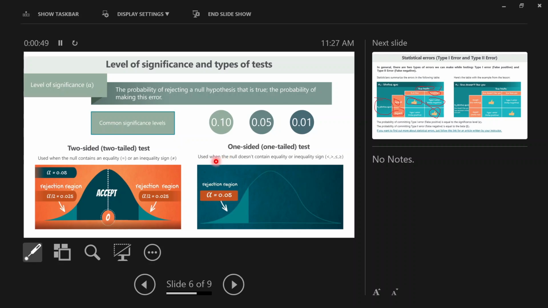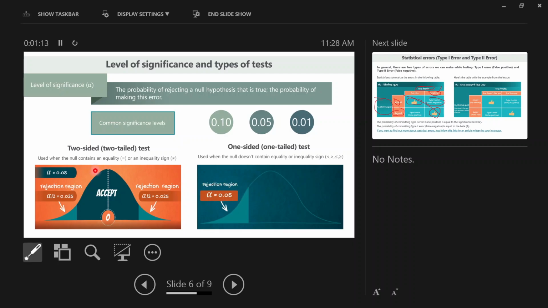The one-sided test is used when the null does not contain an equality or inequality sign. So it is used when you have the less than sign, the greater than sign, the less than or equal to sign, and the greater than or equal to sign. And the rejection region is based on the alpha as a whole. Do you see here?